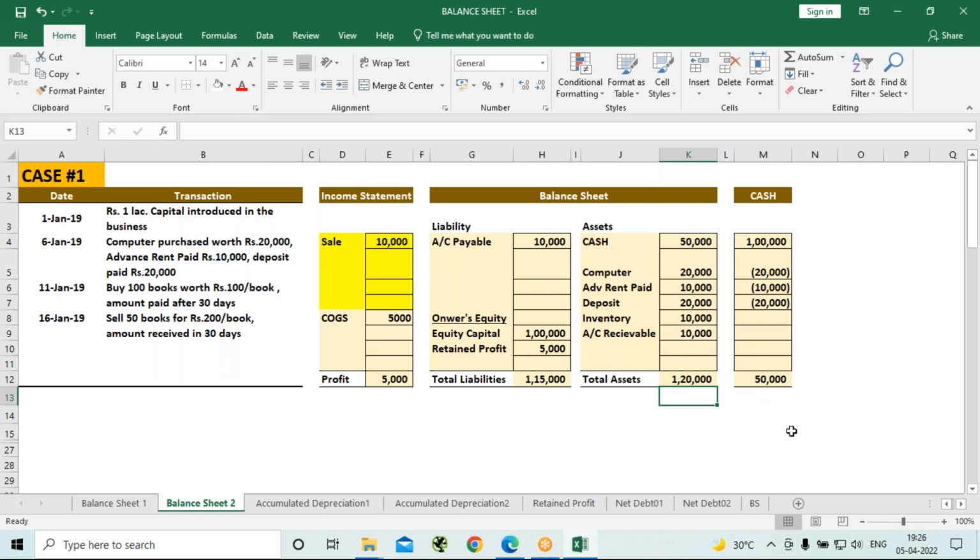So there is a difference of 5,000. Where is this 5,000, the difference we have? Where do we have to increase or decrease it?